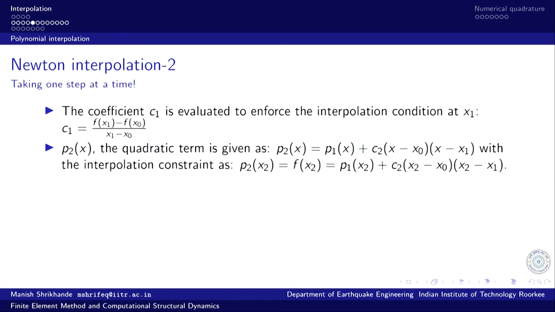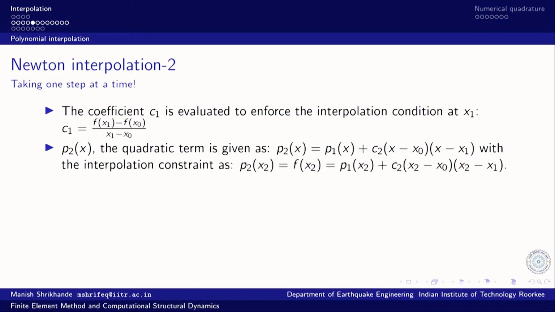And then the next term, the quadratic term, is again imposed in the same fashion. We add a modification, the quadratic term C 2 times x minus x 0 multiplied by x minus x 1, on top of P 1 x. That is the first degree interpolation that we had found earlier, and then again the interpolation constraint is applied: this second degree polynomial P 2 x has to evaluate to f of x 2 at x 2.